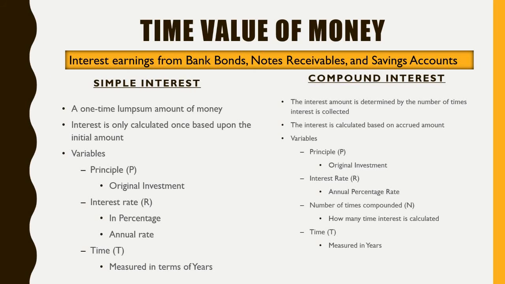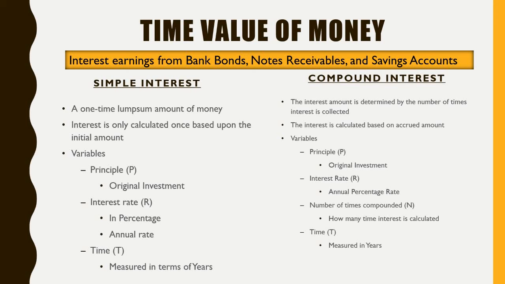Now, we're going to be looking at two different ways that we can calculate time value of money, because the assumption here is that even though a dollar today is a dollar, in 20 years, how much is that going to be worth? This is where we introduce what's called interest.